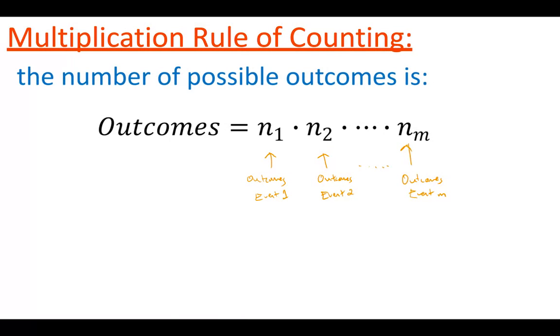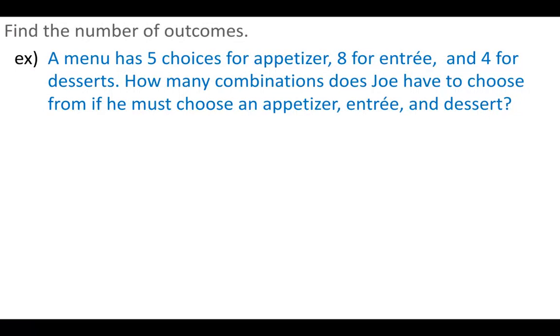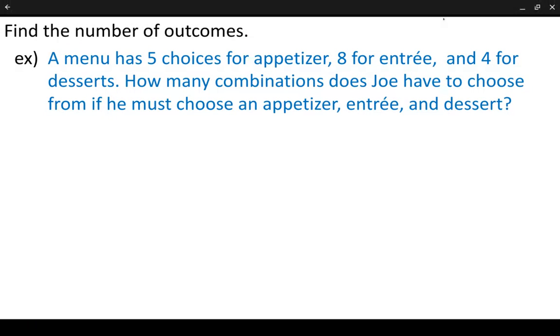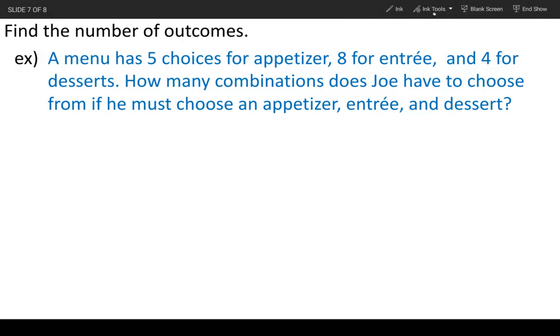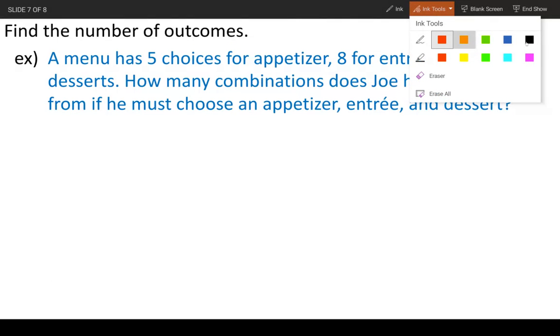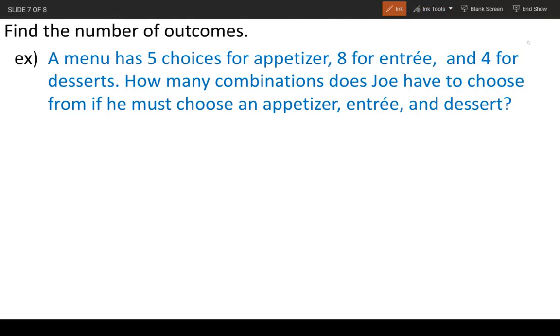Let's answer a couple more questions using this. So let's say you go to a fancy restaurant. They have some options called a prix fixe menu, where you have set options you can choose from. And let's say you've got 5 choices for appetizer, 8 entree choices, and 4 dessert choices. So how many combinations does Joe have to choose from if he must choose one of each? Well, it's pretty simple.